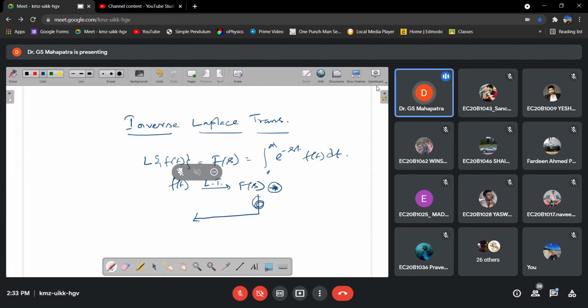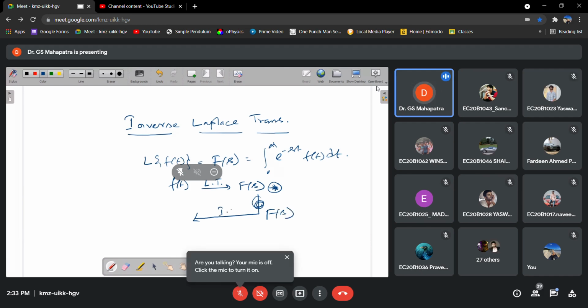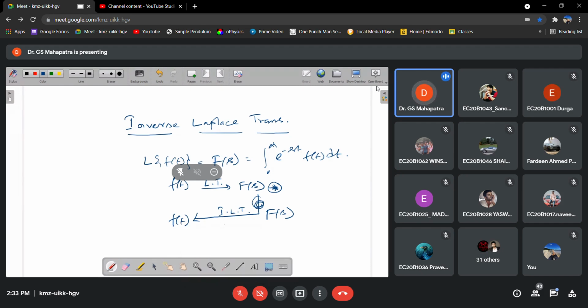So now the transformation is like that. F of s is given, you have to use the inverse Laplace transform and then find some function of t. That is the inverse Laplace transform. In this case, you don't need to find any inverse integrations.